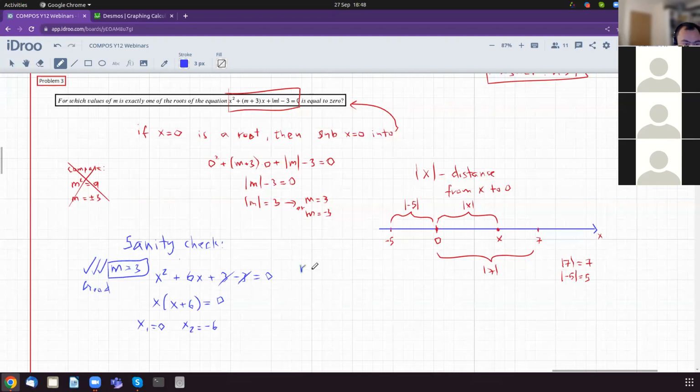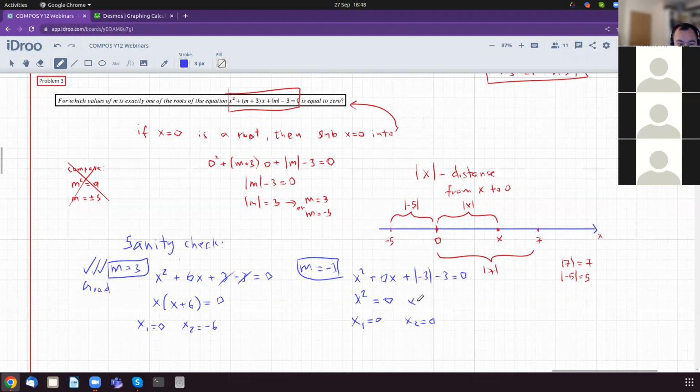And let's check m equals minus 3. So we get x squared, and minus 3 plus 3 is 0, plus 0x, plus modulus minus 3 minus 3 equals 0. 3 minus 3 is 0. So we get x squared equals 0. So we only have x1 is 0 and x2 is 0.